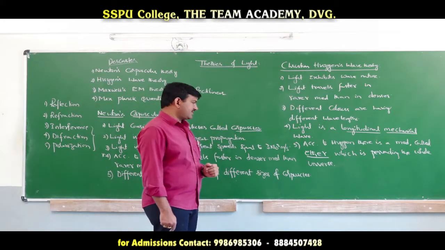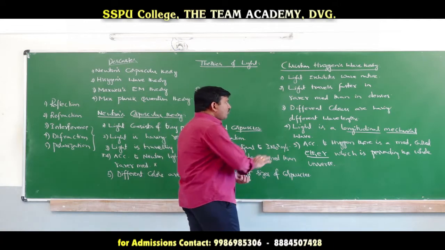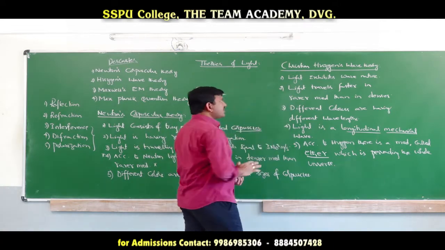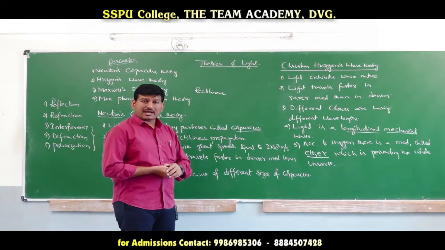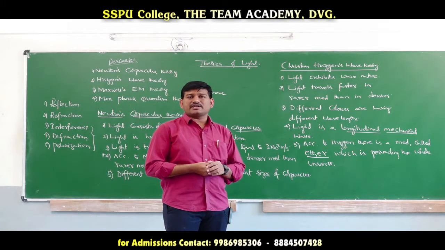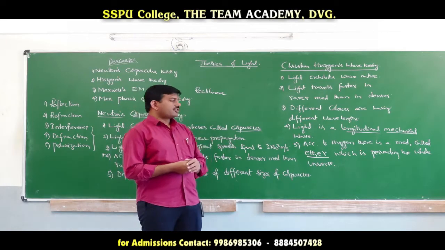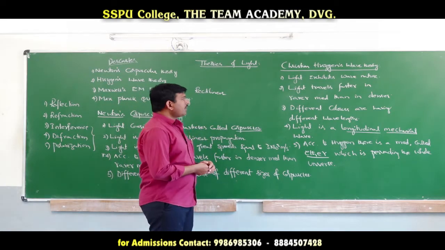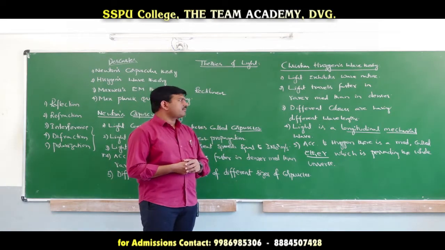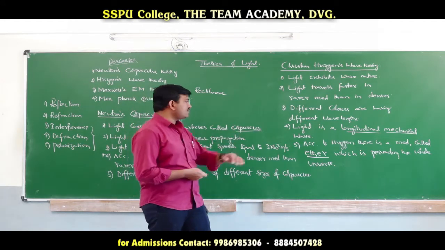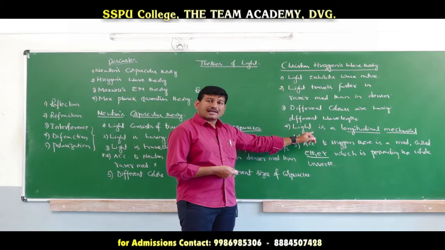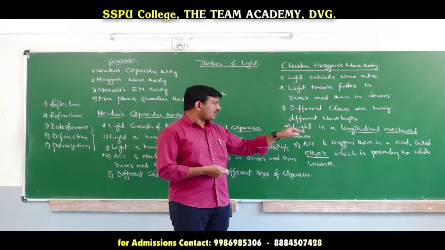Now, what are the important points regarding the Huygens wave theory? Light exhibits wave nature, and light travels with a great speed equal to the speed of light, that is 3 x 10^8 meters per second. Light travels faster in a rarer medium than in a denser medium, and different colors have different wavelengths. Light is a longitudinal mechanical wave.